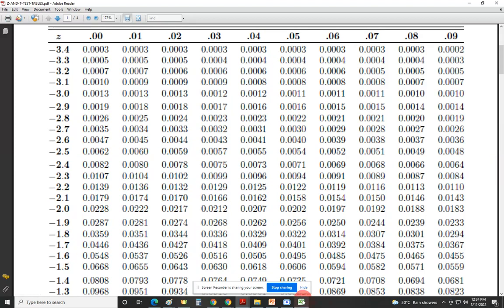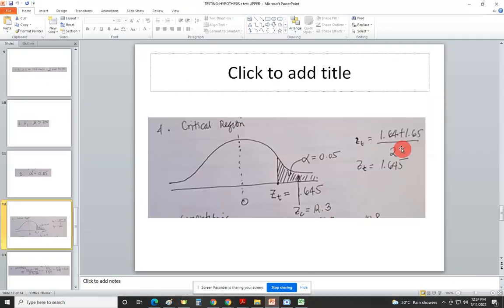Let us check: yes, 1.645. So that is the value here.